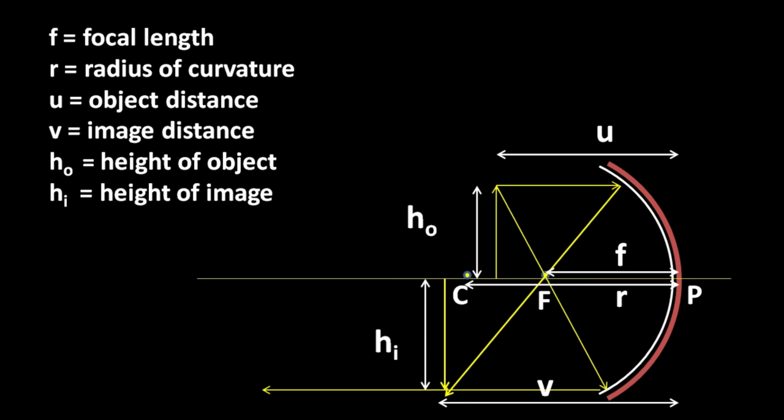You see, the focal length, radius of curvature, object distance, and image distance are always measured from the pole of the mirror. Height of object and height of image is always measured from the principal axis.